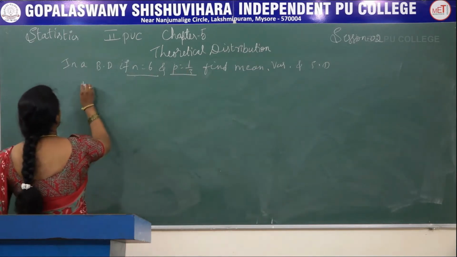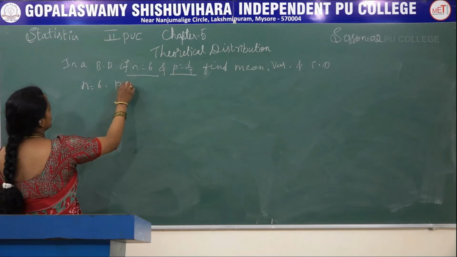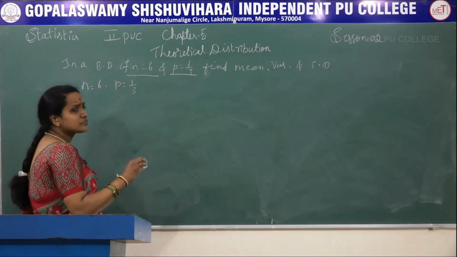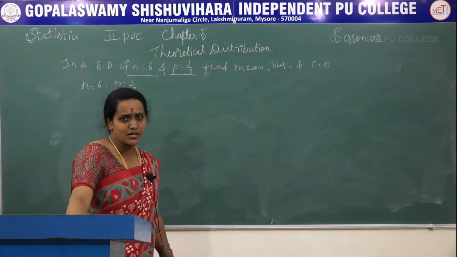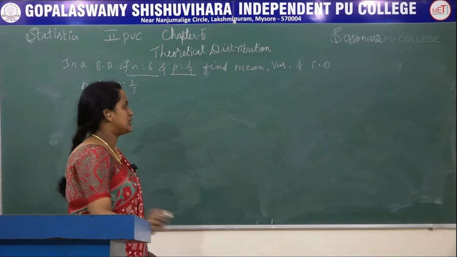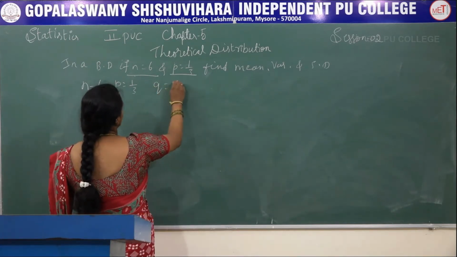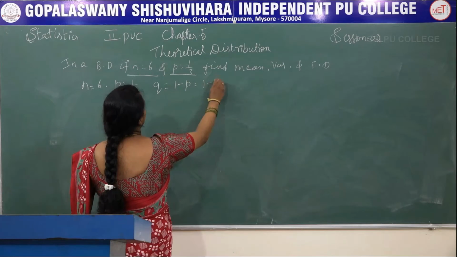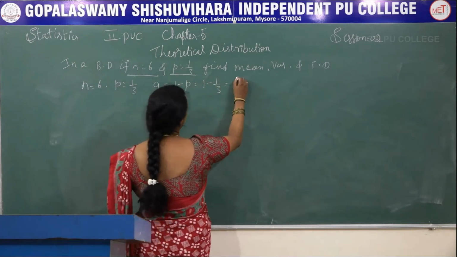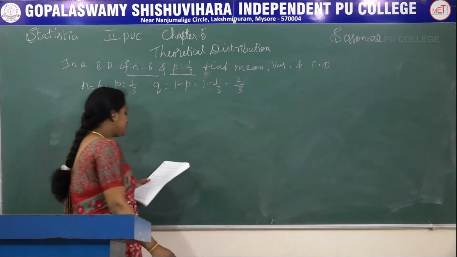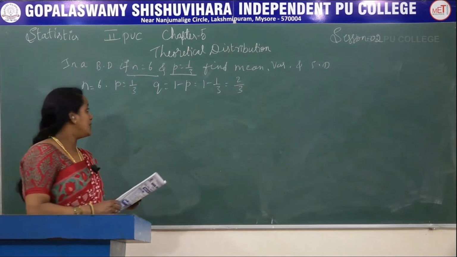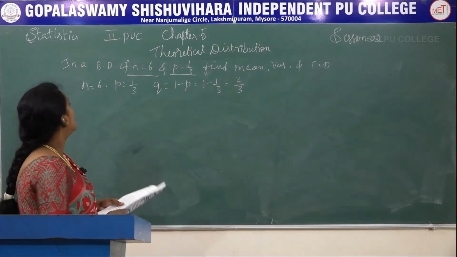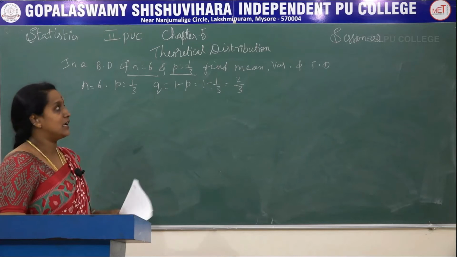N is equal to 6 and p is equal to 1 by 3. Since this is a binomial distribution, we want the q value also. So q is 1 minus p, it is 1 minus 1 by 3, or it is 2 by 3. So p is 1 by 3, q is 2 by 3 and n is equal to 6.